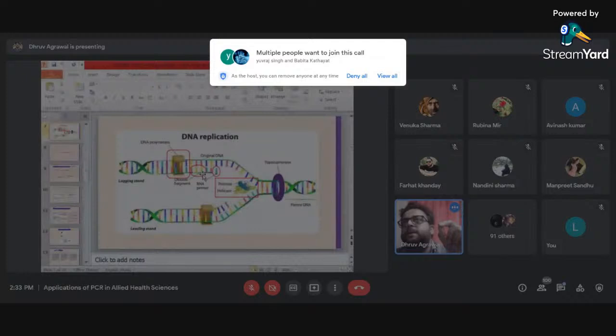Complementary means if A is there, T will go over there; if G is there, C will go over there. So complementary base pairing is there. The scientists have tried to replicate the same thing in an artificial setup, and the same thing is followed in the PCR reaction. How is it done? Let us have a look at that.